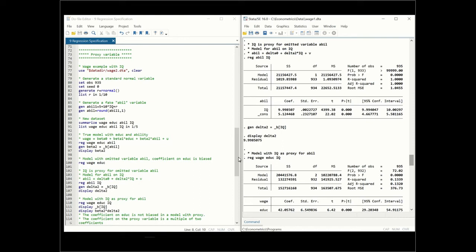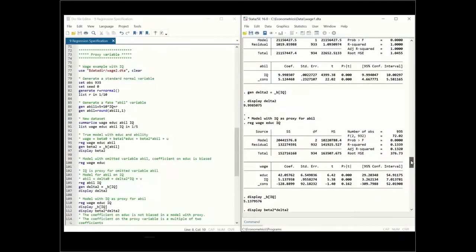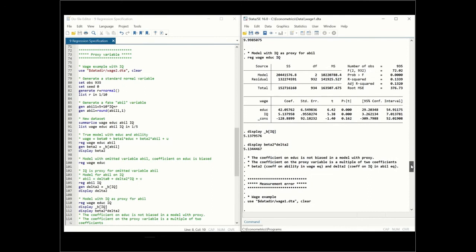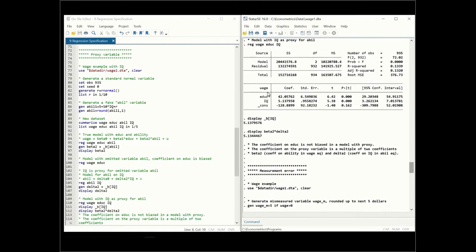So now let's run a model with IQ as a proxy for ability. Here we would have a regression of wage on education and IQ, and we would be displaying the coefficient on IQ. This is the model of wage regressed on education and IQ, and these are the results.